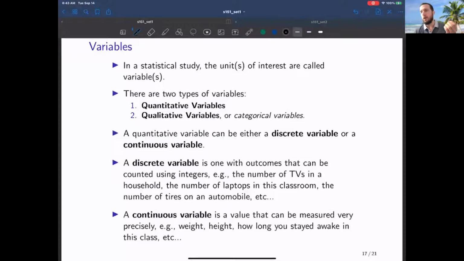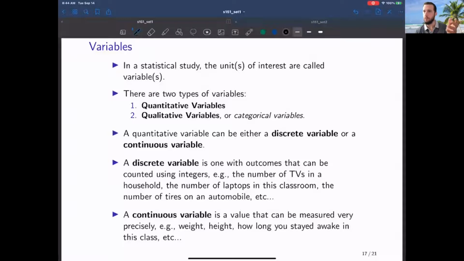In general, we think of a discrete outcome as being a count. A quantitative variable is a numeric value, whereas a qualitative variable is typically a written description of a particular outcome.